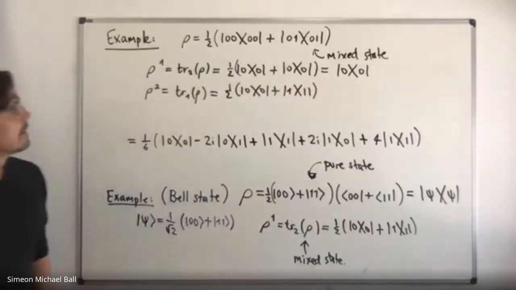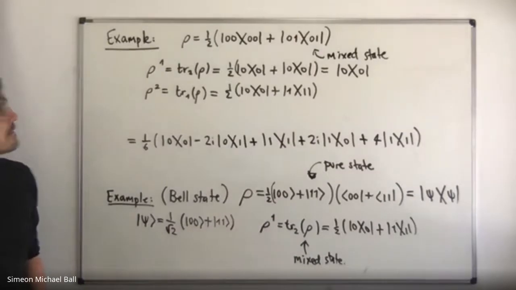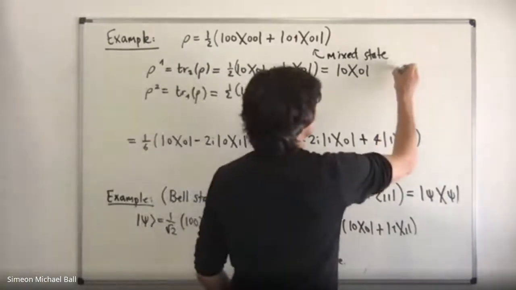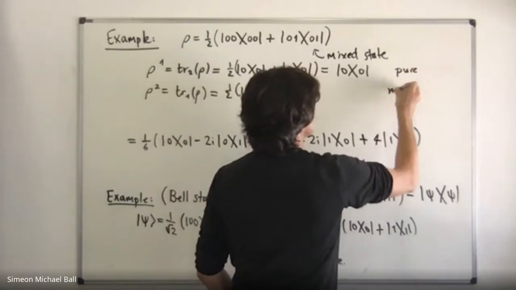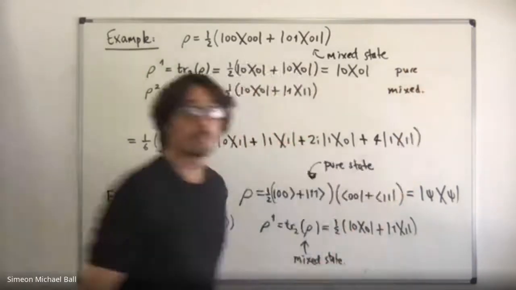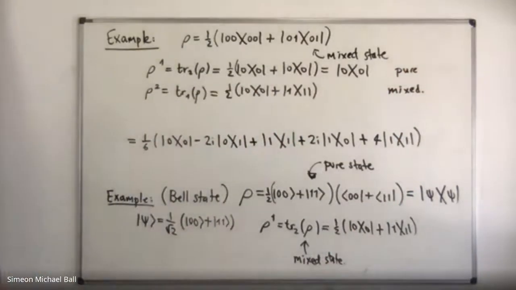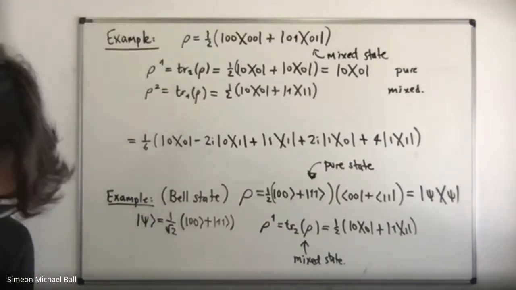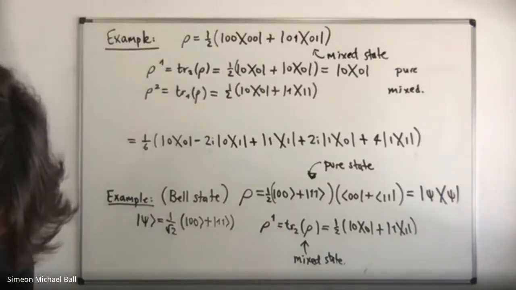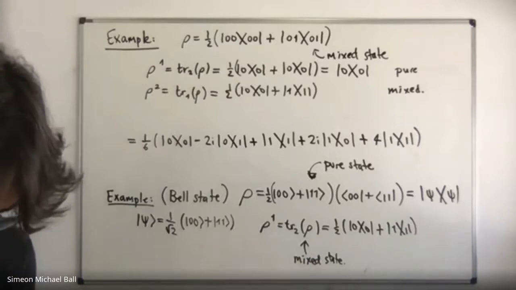This is pure, then this again mixed. Okay, well, I've got another example, but I'd like to move on, and maybe if there's time at the end, we can do another example.